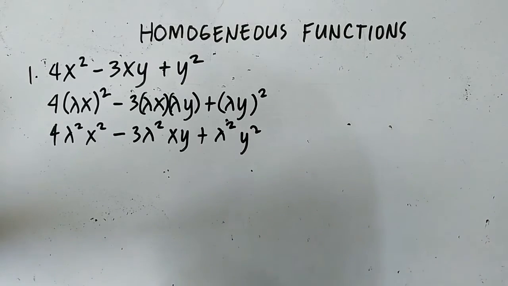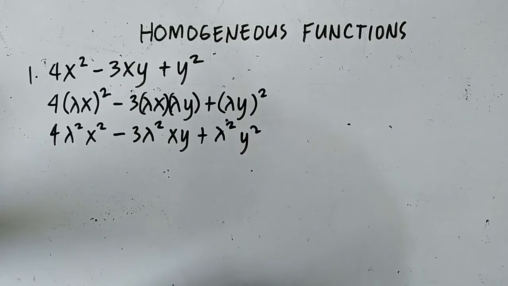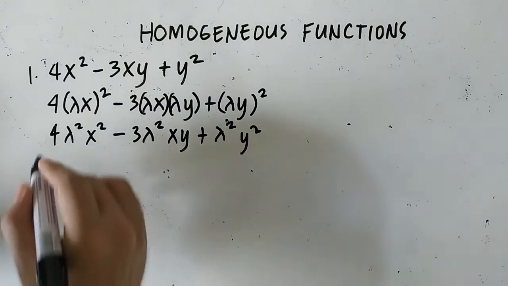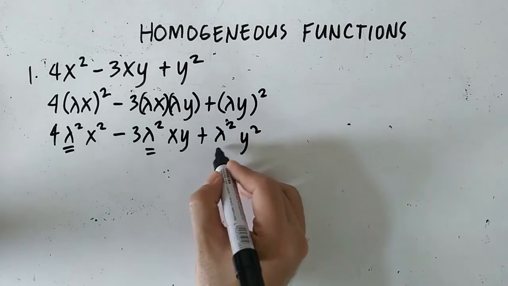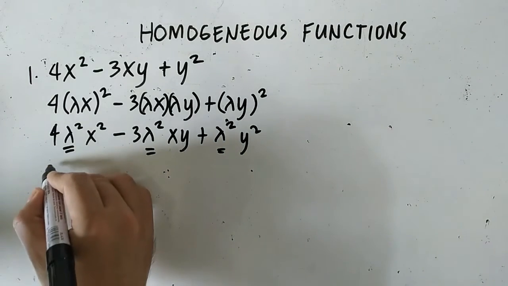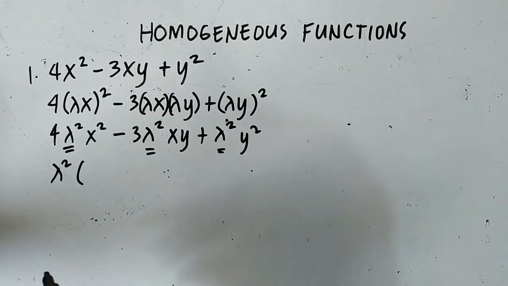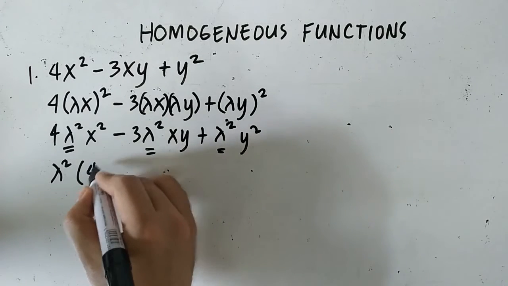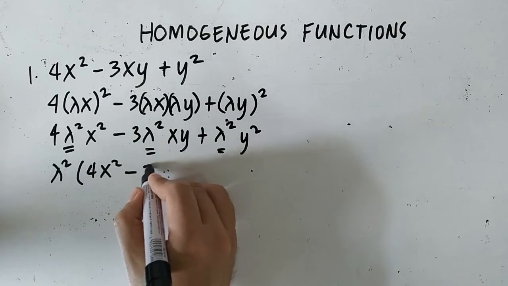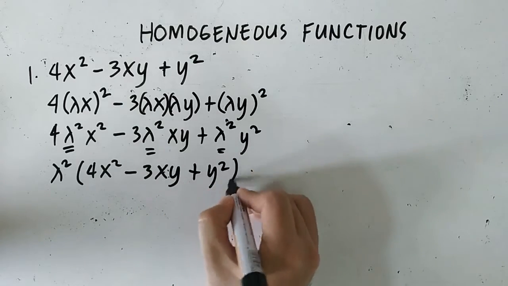This time we have a common monomial factor, which is lambda squared. All the three terms contain lambda squared, and so we can factor out lambda squared from the polynomial. So we have now 4x squared minus 3xy plus y squared.